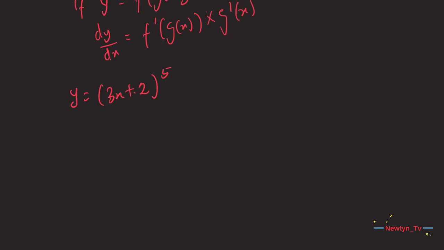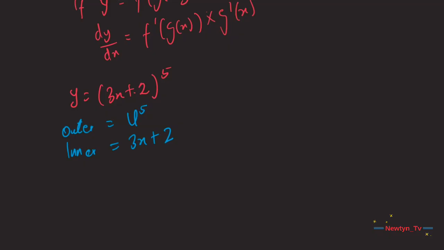What will be our outer function? For me, my outer function will be u exponent 5, and my inner function will be 3x plus 2, right?